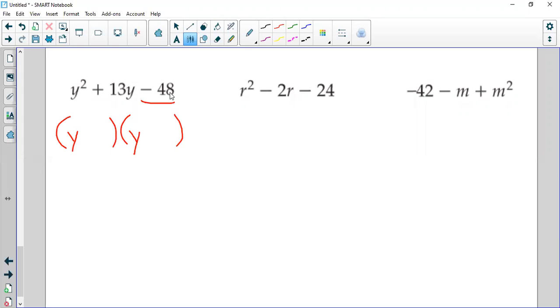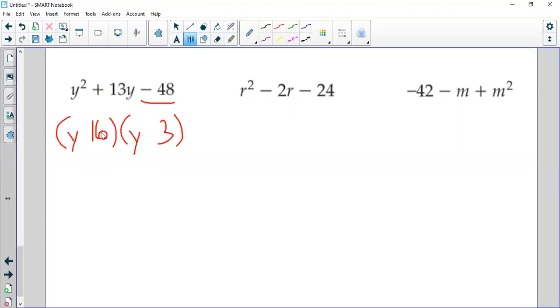Well, let's see. 24 times 2 subtracts to make 22. Nope. 12 times 4 subtracts to make 8. Nope. 16 times 3. Ooh, you might even know that one. 16 and 3 subtract to make 13. 16 and 3 multiply to make the C term, 48, and they subtract to make the B term, 13.